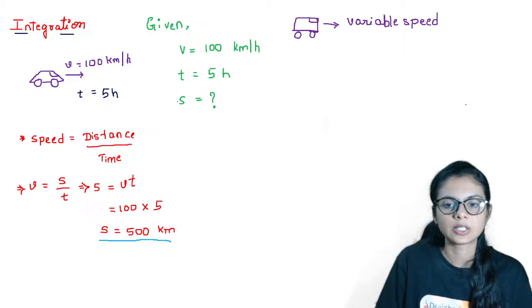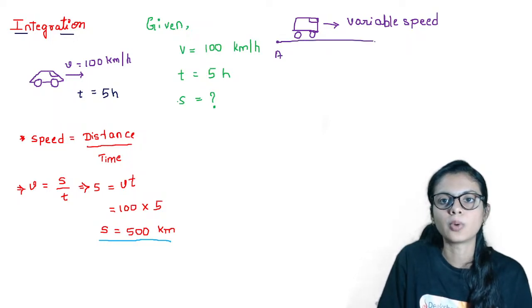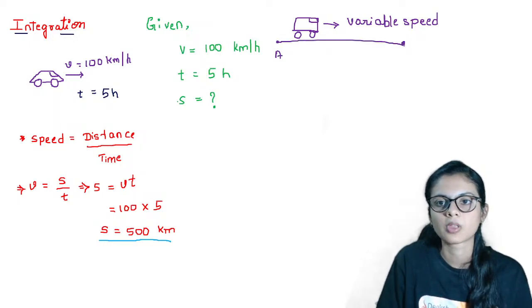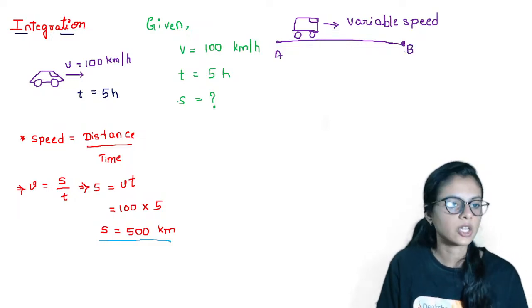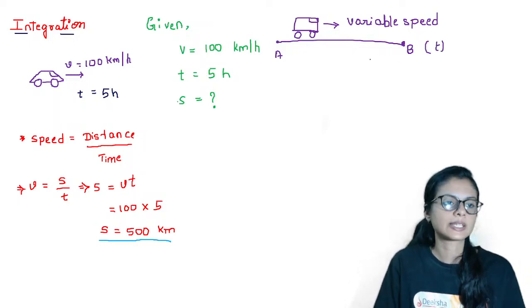Let's consider it is moving from a point A to a point B somewhere here, and it doesn't have any constant speed. It is taking time t to cover this distance from A to B.